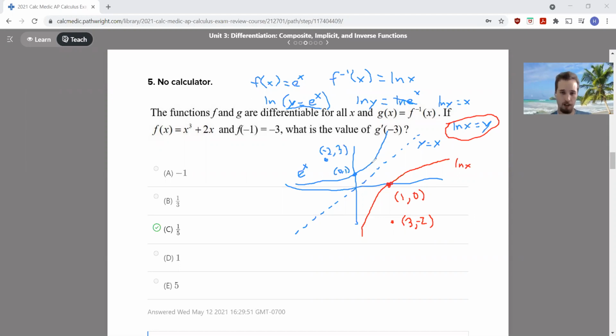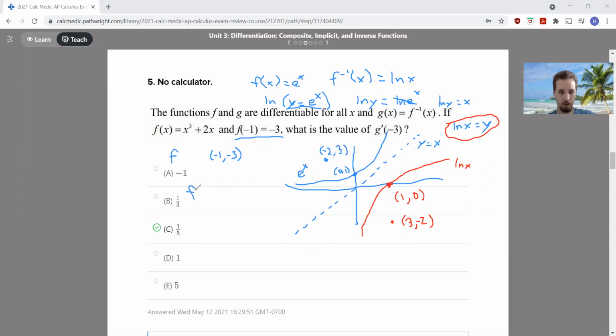Okay, so I just did like a whole explanation on inverses, and it's going to be useful for this problem. Because if f of -1 is equal to -3, right? In other words, we have a point -1, -3. Well, so this is function f.